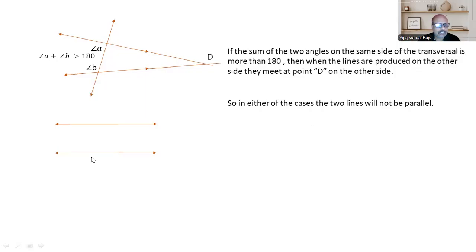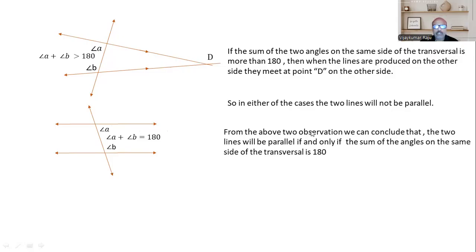So if these are two lines and we have a transversal like this, and if these two angles together are 180 degrees, then the lines will be parallel. That means if the lines are parallel, the sum of the angles on the same side of the transversal must be equal to 180 degrees.